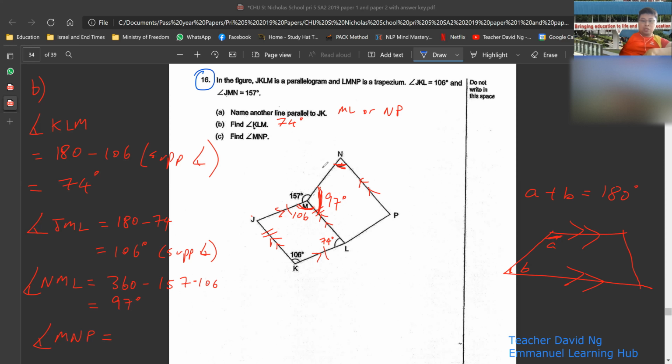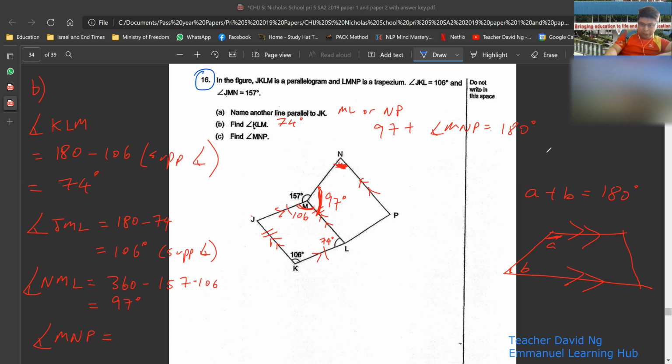180. Very good. So right now, this angle plus this angle will give you 180 degrees. So to find this angle, what must you do? See, 97 degrees plus angle MNP equals 180, correct?